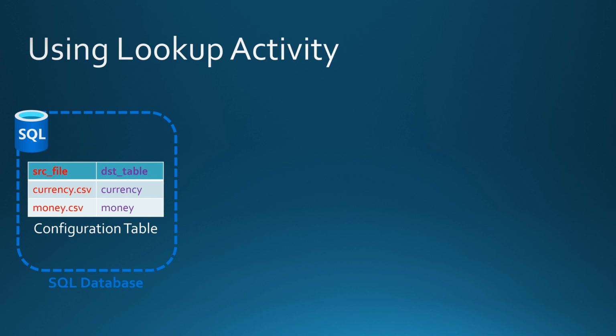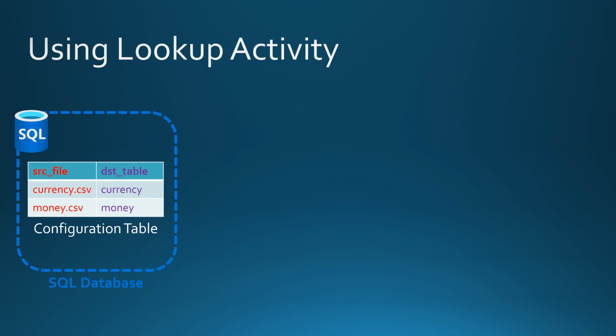On our second row, the source file is money.csv, and the destination table is money. We would like to use these values in our pipeline so that we would copy the contents of the currency.csv file to the currency table in the SQL database, and then copy the contents of the money.csv file to the money table in the SQL database. So this table is going to be the input for our lookup activity.